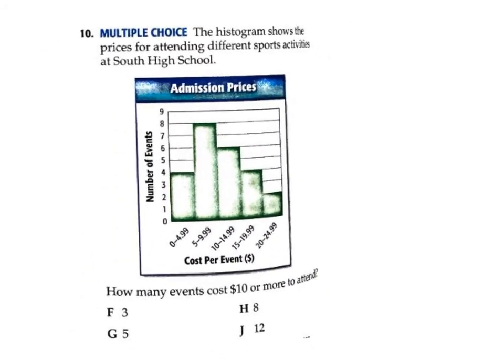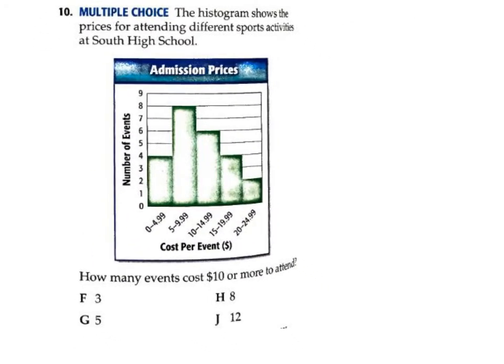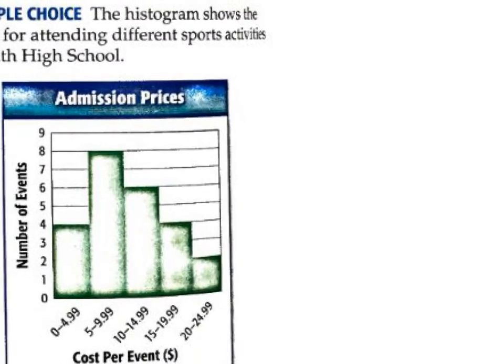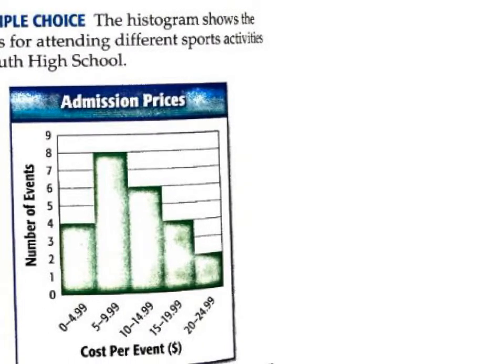Similarly, you have to be able to interpret a histogram. You have to be able to answer questions based on this. Looking at this, we could see that the cost to go to different sport activities at a high school: there are 4 events that cost between $0 and $4.99. There's 8 events that cost between $5 and $9.99. There's 6 between $10 and $14.99.